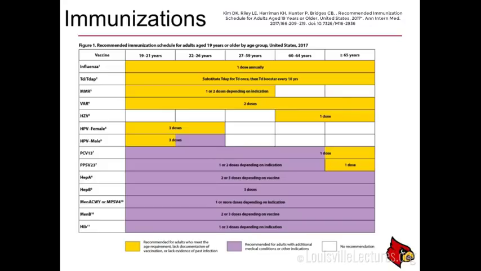So what's the youngest you can give it? 11. Yeah, 11. And then what age do you go up to for females if they haven't gotten it? Yeah, 26. And then what about for males? I heard there's maybe a little confusion, so there's two different numbers. 21 for all males, and then if you have a male that's immunocompromised or is MSM, then you can give up to 26.